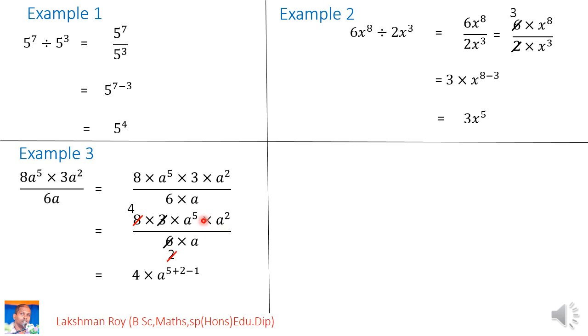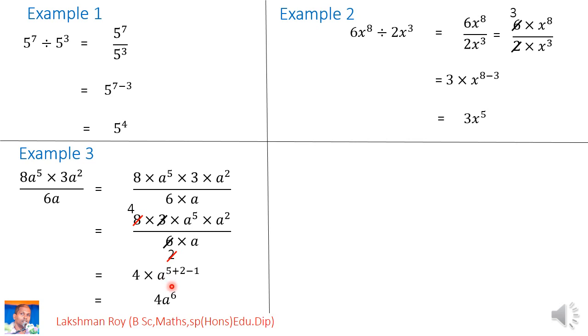That means this index and this index should be added, right? So a to the power 5, that means 5 plus 2. Then here no index means 1, and that is divided. That means that index should be subtracted, right? So 4 is the number. If you simplify, you get 4a to the power 6, right? So that is the answer.